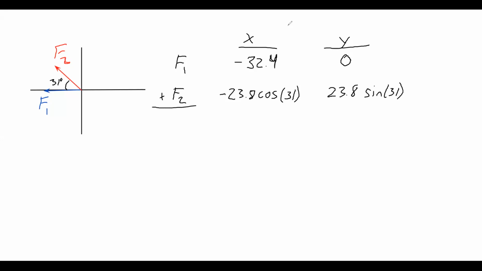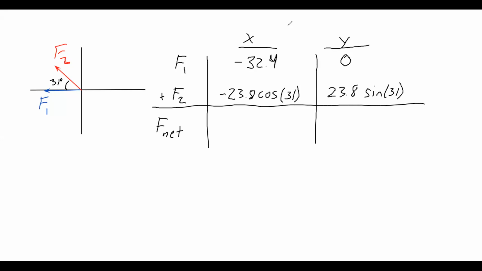I'm gonna add these together to get my F net, my net force here. I could put little things here. Okay, so to get my net force, I'm just gonna add these two numbers.